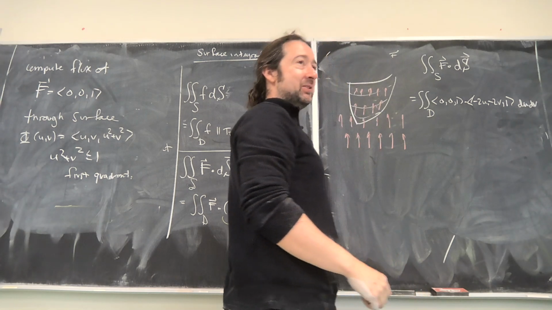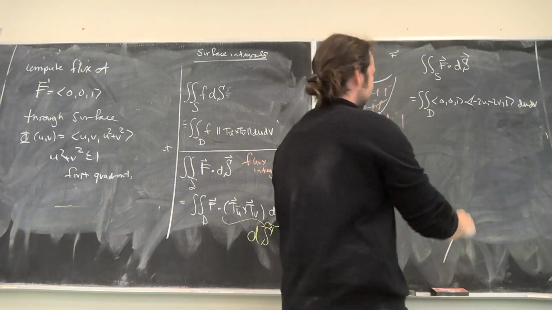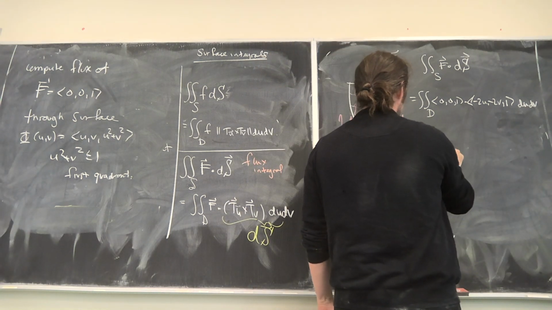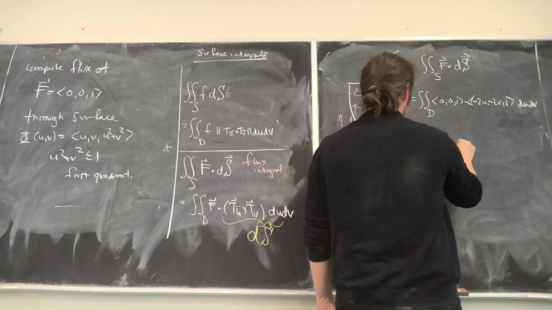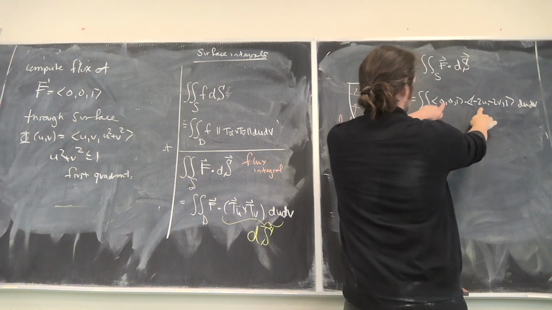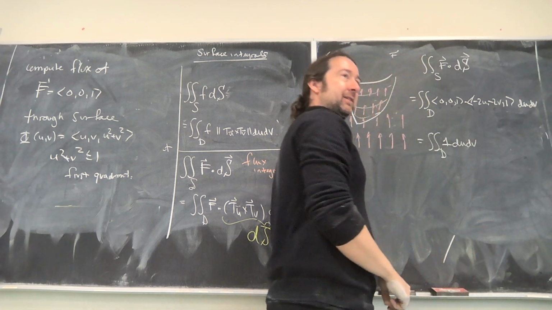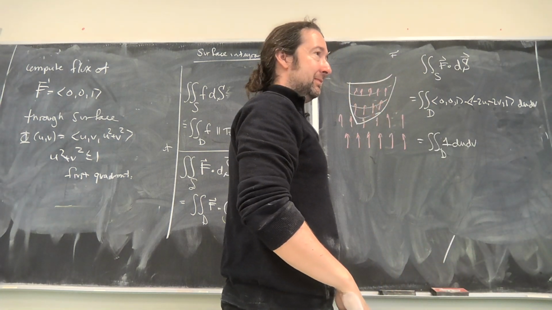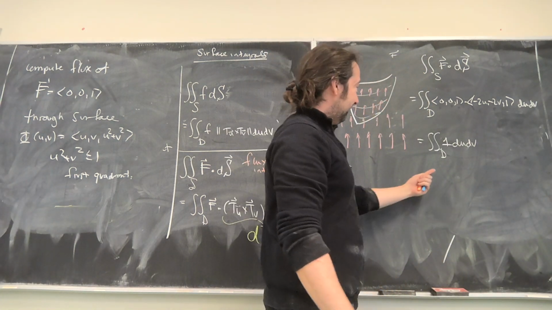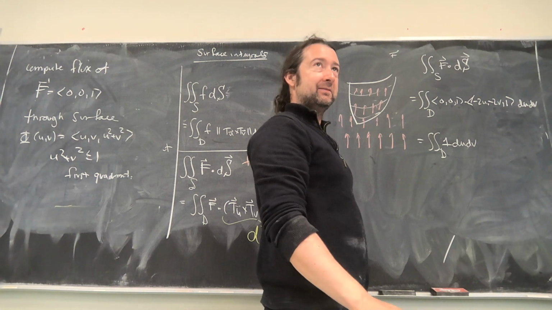And yes, you get a really silly answer out the other side of this, which is the double integral over D of 1 du dv, because 0 times 2u is 0, 0 times 2v is 0, and 1 times 1 is 1. Yeah, I know. And then you look at that.